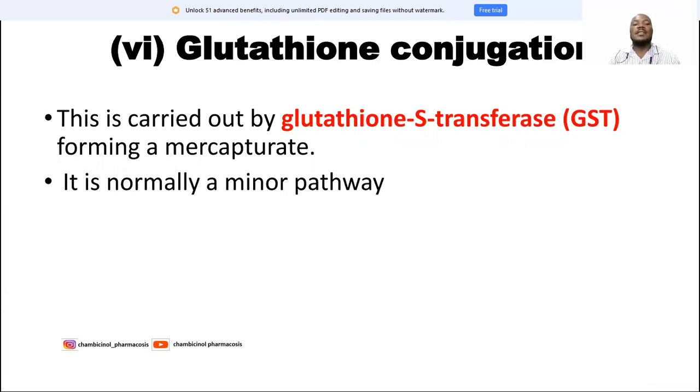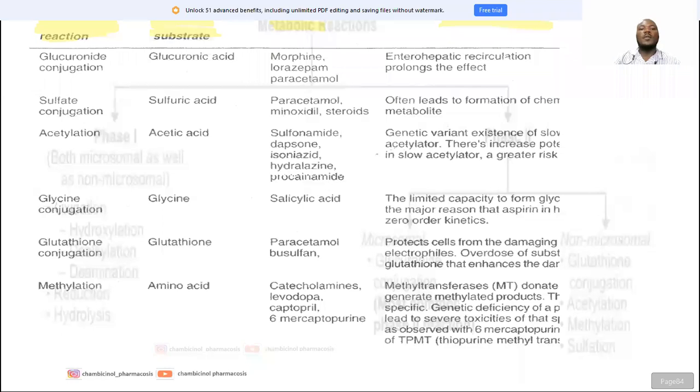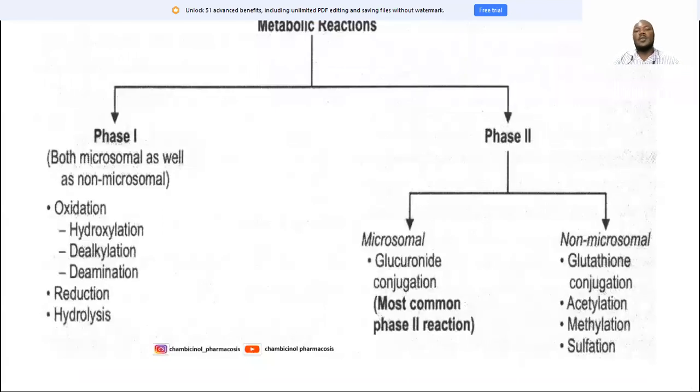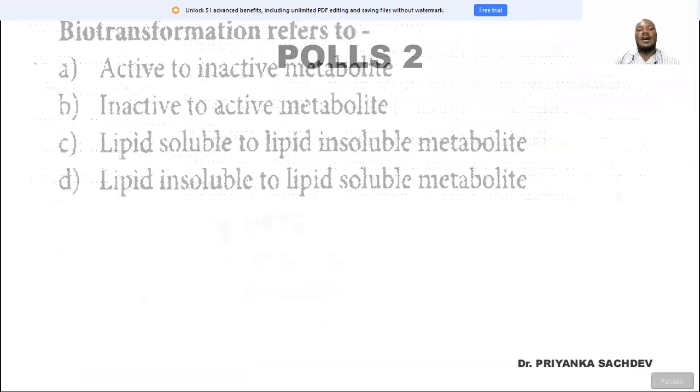For example, paracetamol toxicity can lead to hepatotoxicity. When paracetamol is taken in a large dose, it depletes the level of glutathione by conjugating with it and getting excreted. So it is very important to understand all these pathways.